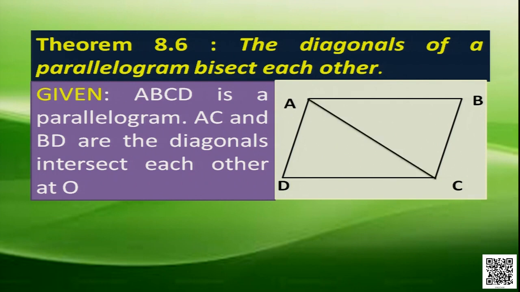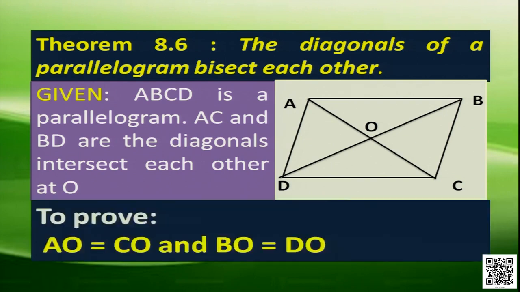AC and BD are the diagonals, intersecting each other at O. Now, what to prove? Here we have to prove that the diagonals of the parallelogram bisect each other. That means AO is equal to CO and BO is equal to DO.